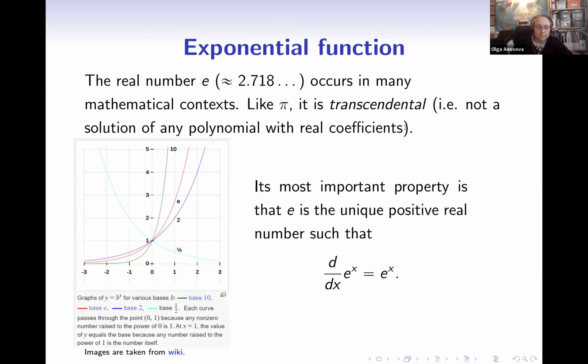It's transcendental. The most important property is that it is the only positive real number that is stable under differentiation. That's the absolute uniqueness of that exponential number and exponential function.